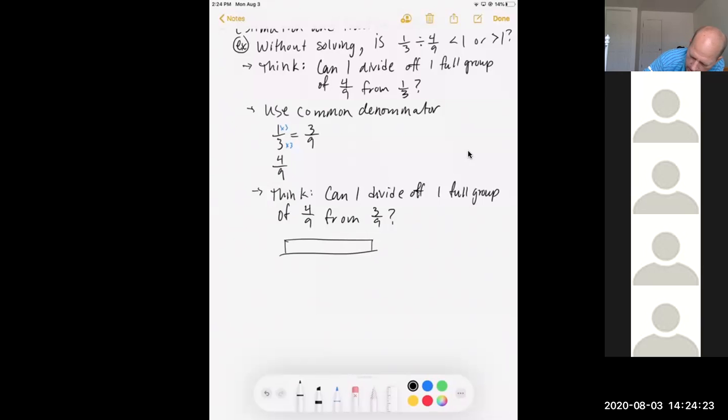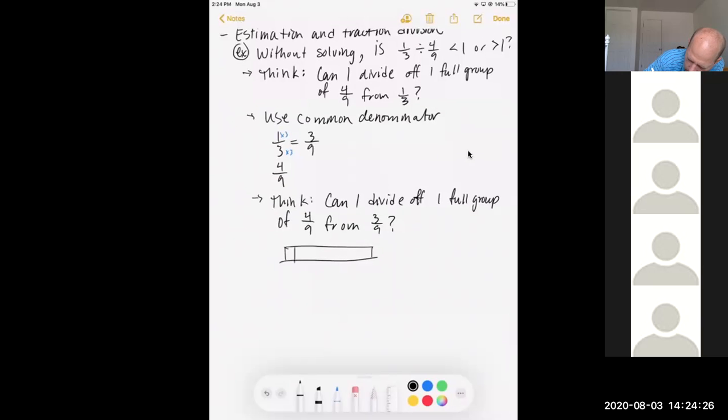Let me think about it the other way. This is my starting number. I start out with 3/9. Can I subtract off 4/9 from that? No. So that means that the answer is not going to be greater than 1.